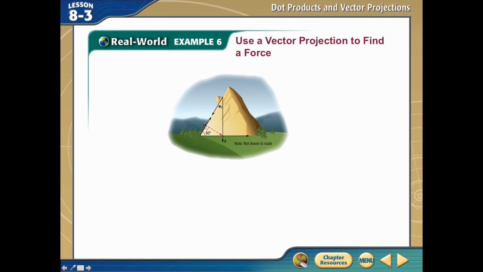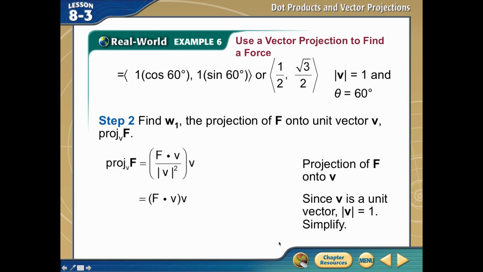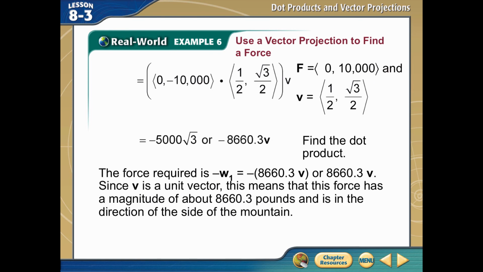And because this vector has a magnitude of 1, if you look at the scalar that you're multiplying this vector by, this scalar is the magnitude of the new vector. So you don't even have to multiply it out to find the actual W1.